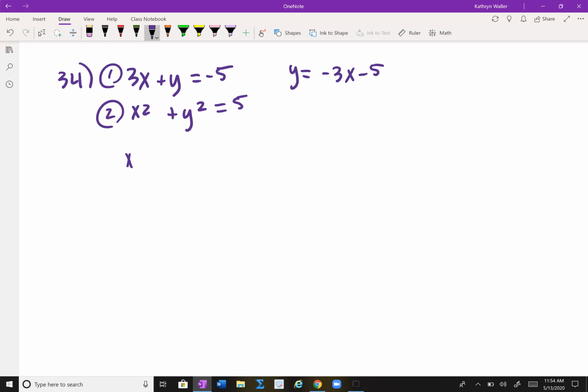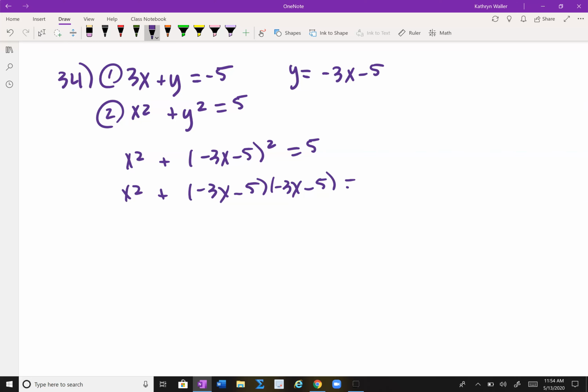Okay? And now I'm going to go x squared plus negative 3x minus 5 in parentheses squared equals 5. Now, that is a little ugly, but you guys are smart. You can deal with it. So if you write it twice and then FOIL, then I think you're going to be great. Negative 3x times negative 3x is positive 9x squared.